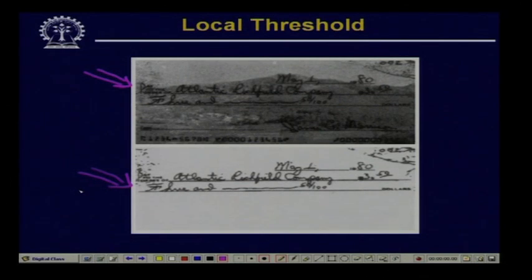So, with this we have discussed the different kinds of thresholding operations. In our earlier class, we discussed global thresholding, dynamic or adaptive thresholding, and optimal thresholding, and now we have discussed local thresholding, where the operation makes use of the image gradient and image Laplacian, and as we said, these are local properties to a particular pixel location.